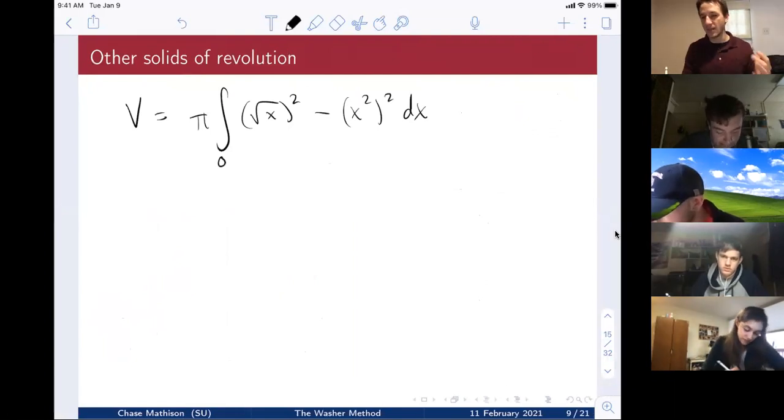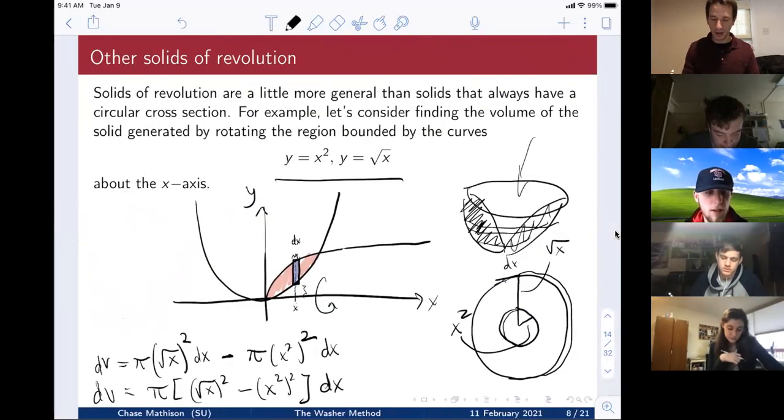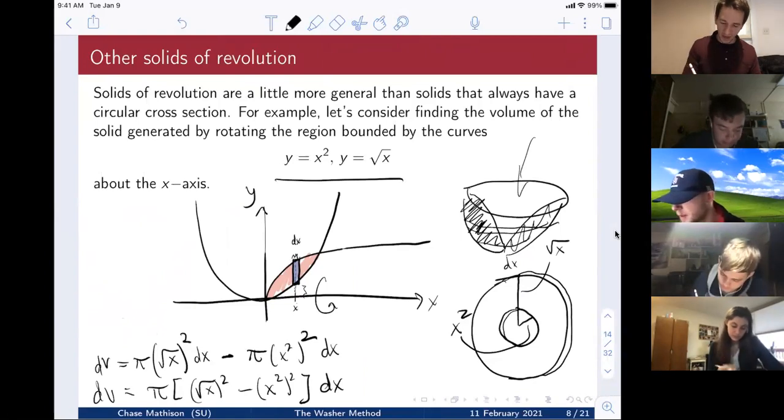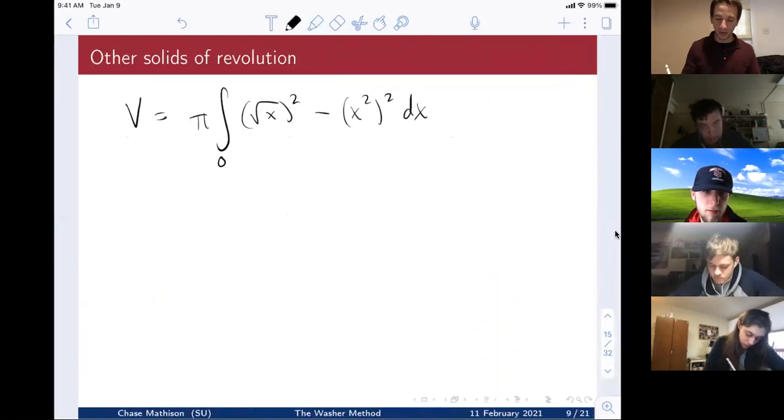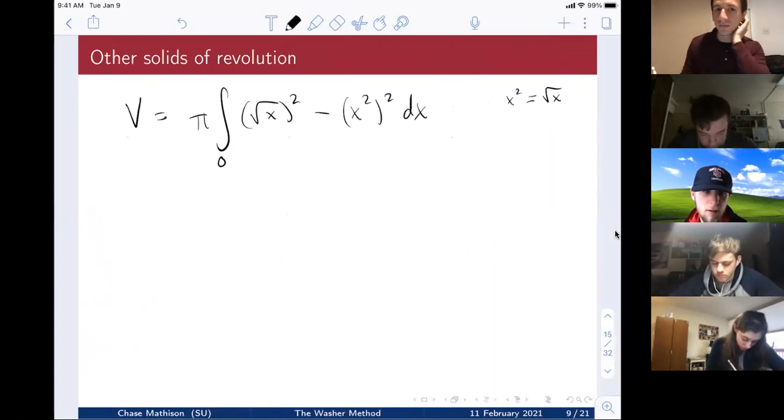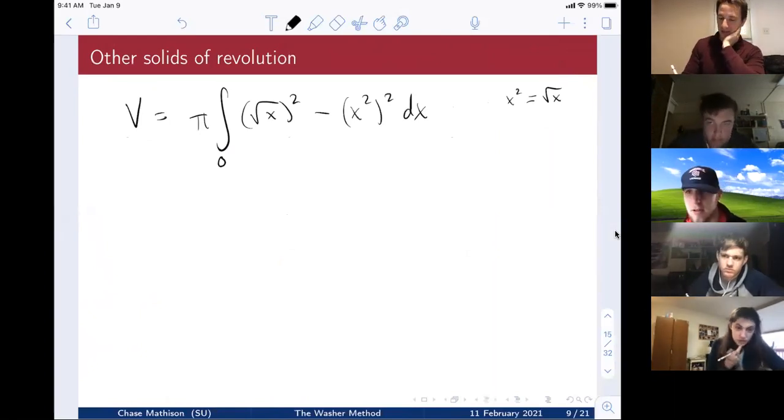And how would I find the top bound? Set them equal to each other. Exactly right. The top bound, that's where x squared is equal to the square root of x, right? So where is x squared equal to the square root of x? That's just 1 in this case.